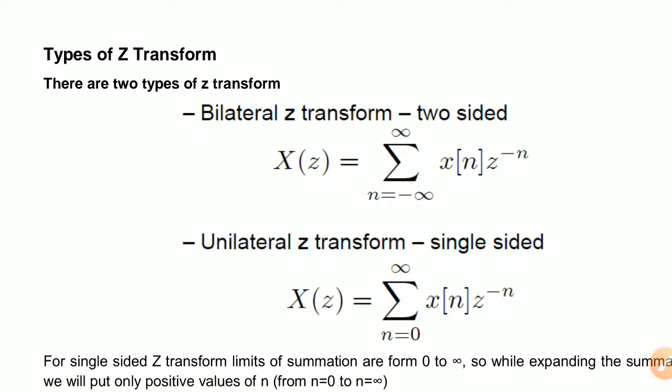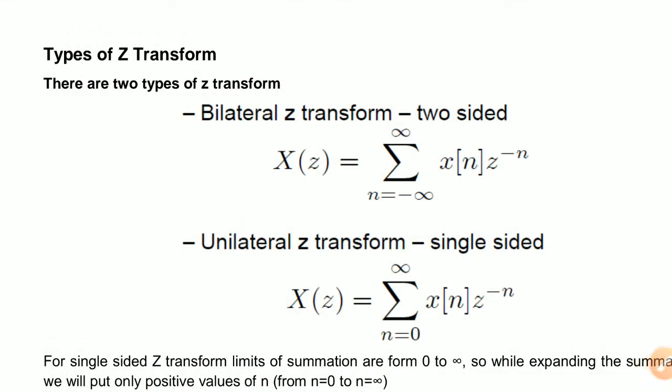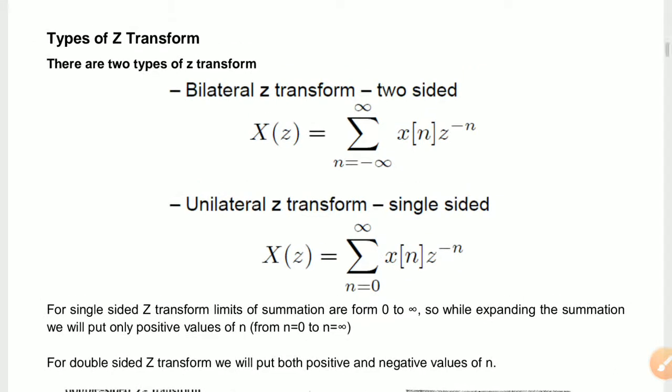So for the two-sided Z transform, X of z is equal to summation of n equal to minus infinity to infinity X of n into z raised to minus n, and for the single-sided Z transform, X of z is equal to summation of n equal to 0 to infinity X of n z raised to minus n. So this is the basic difference between the types of Z transform.